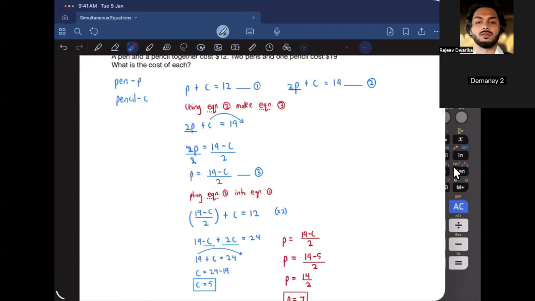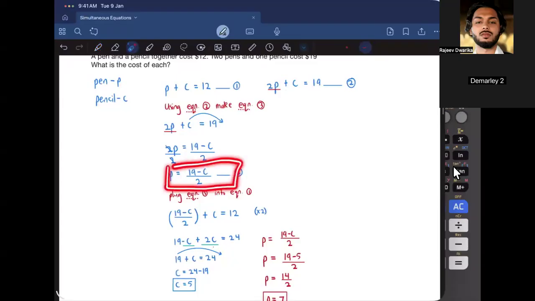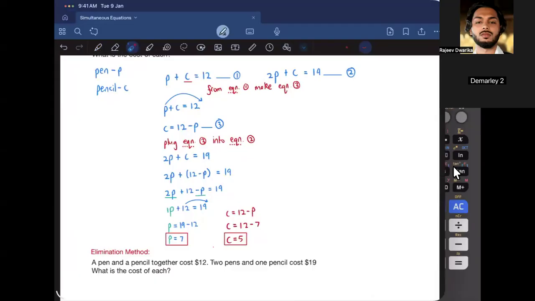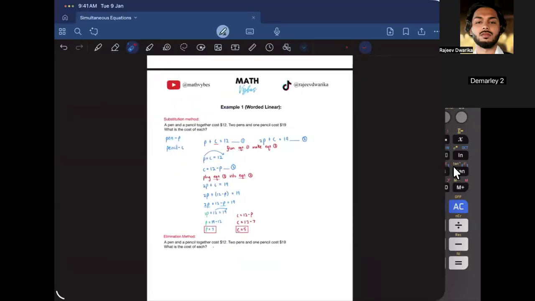If you don't believe me, watch. It's telling us P is equal to 19 minus C over 2. The last method is the same, it's just we're using different things. In the last one, it told us that C is equal to 12 minus P. So when you find one of the unknowns, you plug it into equation 3. So that's it for the substitution method.